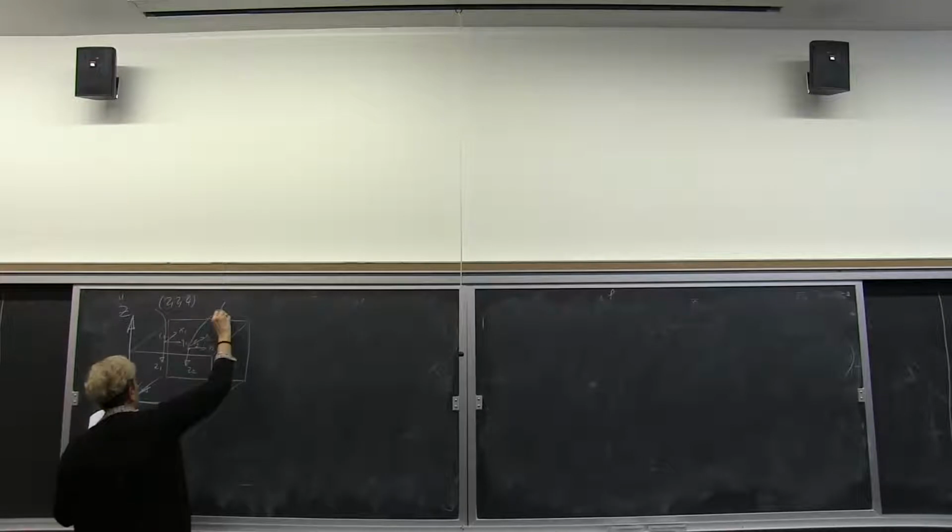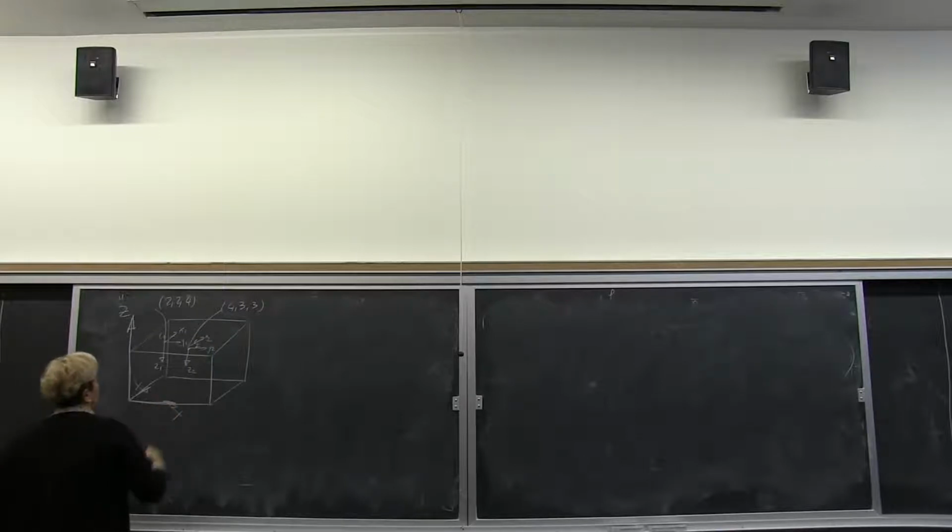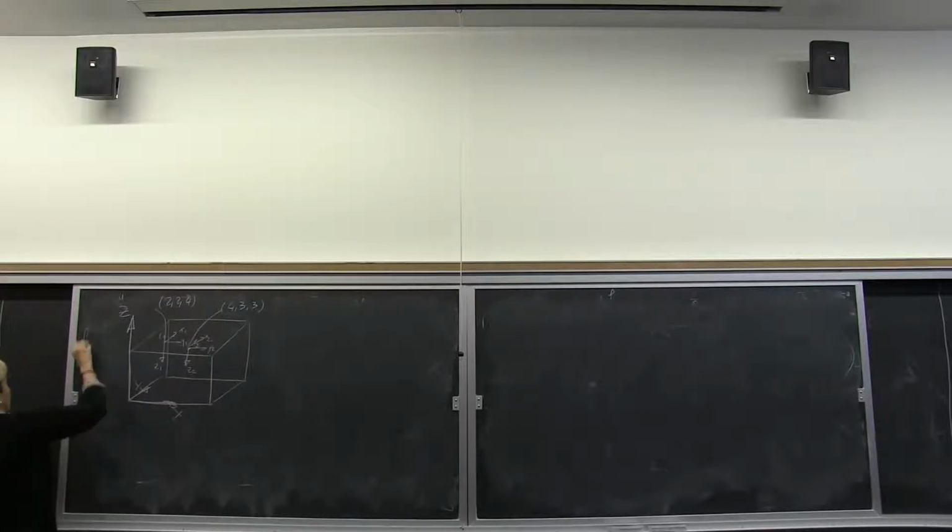And for camera 2 is located at 4, 3, 3. Both cameras have the same focal length equal to 1. And I think that's all. All right.